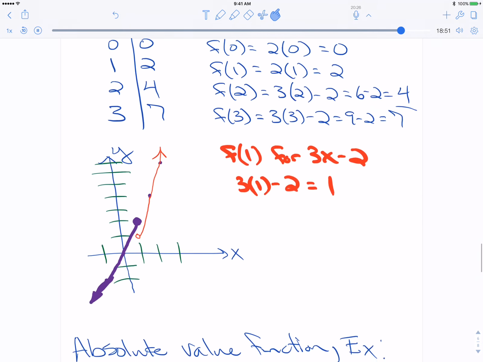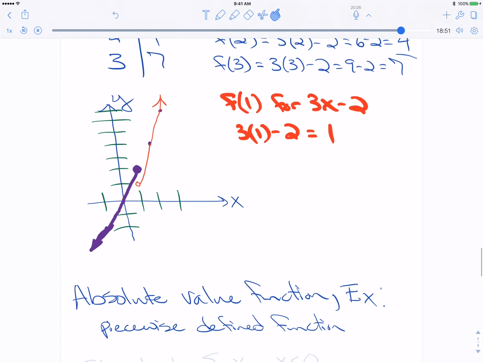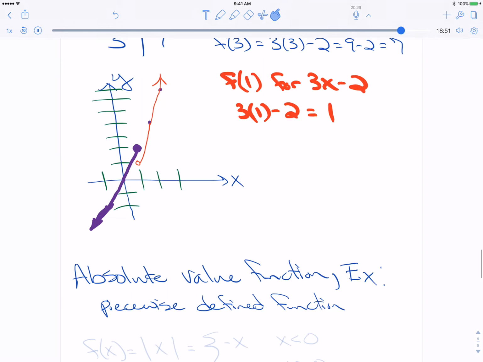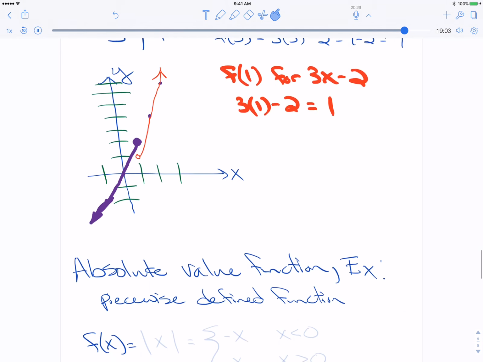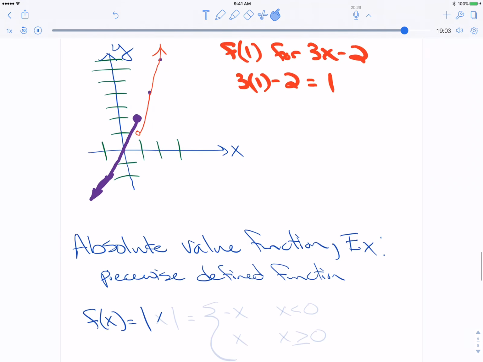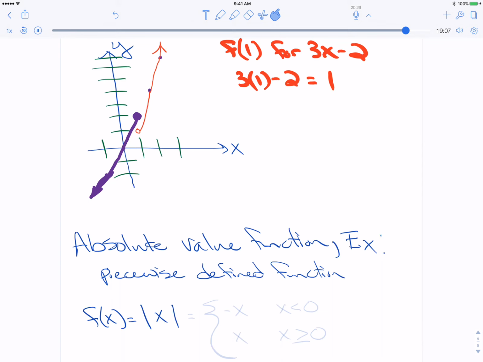So an example of a piecewise defined function that you're actually probably familiar with is your absolute value function. This one you would have seen written as f of x is equal to, right, we have those vertical bars around x. If you write this as a piecewise defined function, you're saying that it is -x for x values that are less than 0.